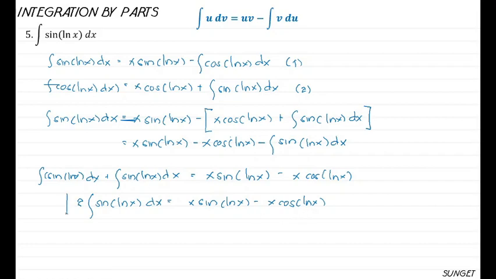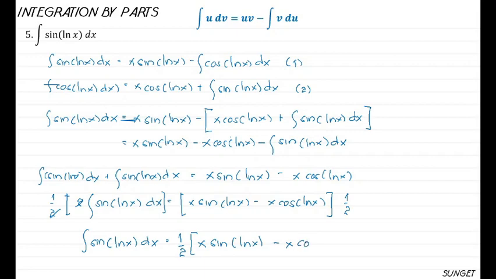Then multiply both sides by 1/2. Now cancel. So the integral of sine of ln x dx is equal to 1/2 times x times sine ln x minus x times cosine of ln x plus c.